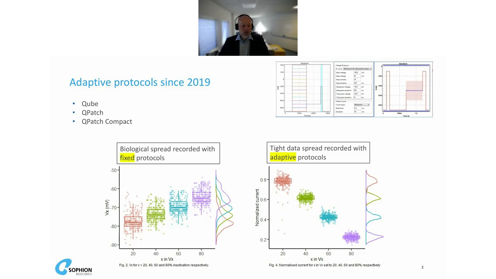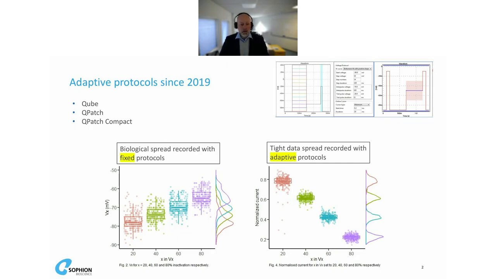If you look at the left-hand panel, you can see an example of a recording where you have a fixed protocol, hence allowing the normal biological spread of, in this case, voltage-gated sodium channels and the position of the Boltzmann fit to their steady state inactivation. And you can see that if you look at, for instance, the red dots and look for what the potential would come out as if you ask for 20% inactivation.